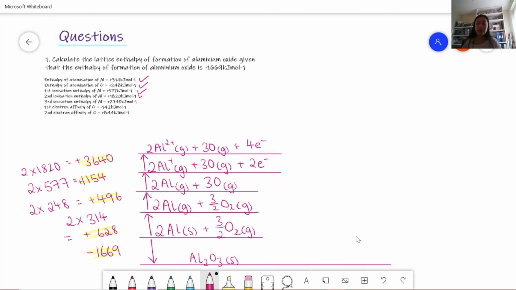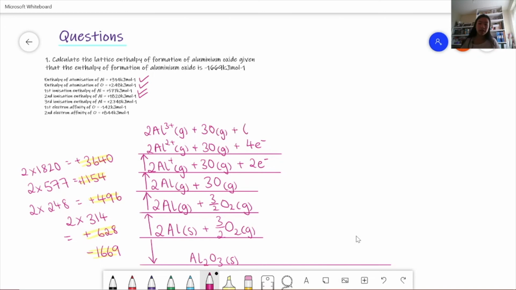And then again, we do the same thing with the third ionization energy. So we're forming 1 mole of Al3 plus ions from 1 mole of Al2 plus ions. And then we leave the oxygen unchanged.